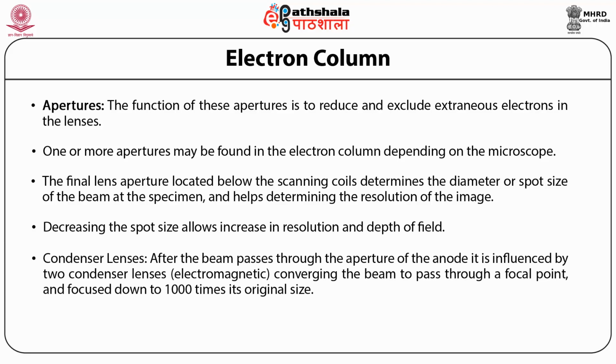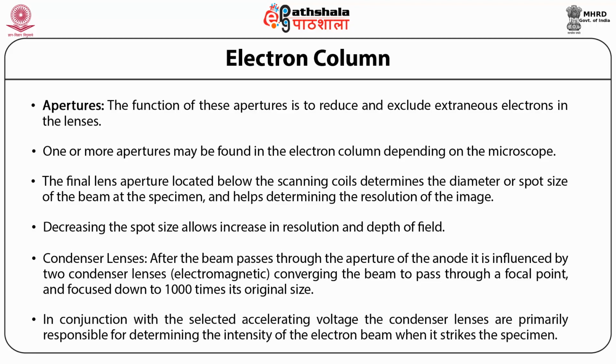The condenser lens. After the beam passes through the aperture of the anode, it is influenced by two condenser lenses, which are electromagnetic in nature, converging the beam to pass through a focal point and focus down to 1000 times its original size.